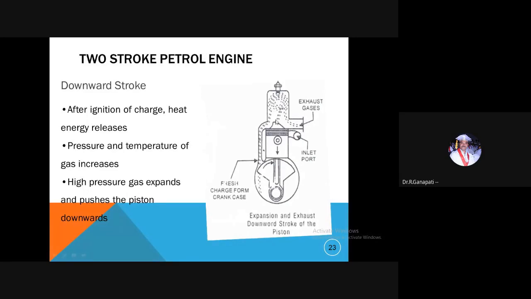So both operations happen here. Okay, and remember, the mixing of the fresh air fuel mixture with the burnt products is prevented by the deflector type piston. So when we see the video, you will get a clear idea.